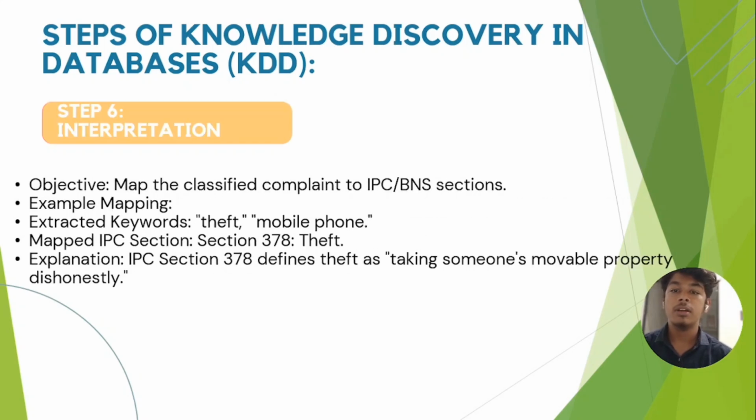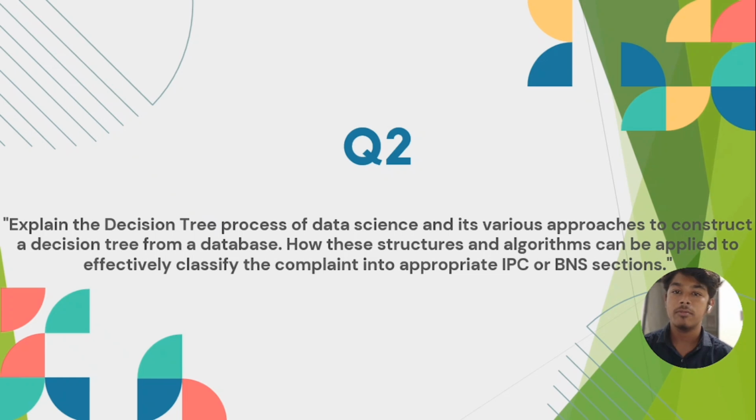Interpretation: map the classified complaint to the IPC or BNS section. The extracted keywords were theft mobile phone. The mapped IPC section was 378 theft. Explanation: IPC section 378 defines that theft is taking someone's movable property by dishonesty.